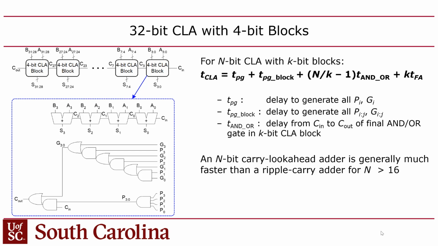So from A and B, the first thing I got to do is generate these guys, the individual bit propagates and generates, right? So that's going to be the time it takes to generate the propagate and generate. This is just the individual bits, T_PG, right? This logic is not shown in this diagram, but because I have these P and G's here, that's how long it takes me to get those.